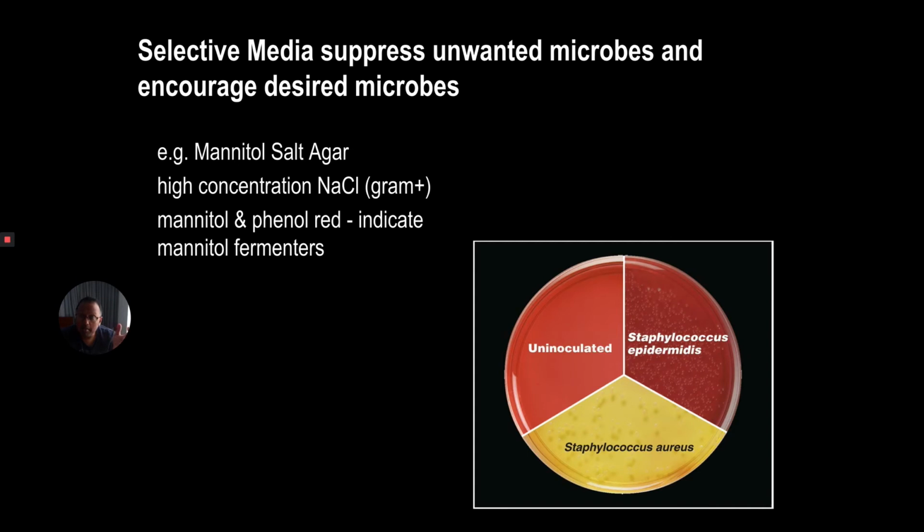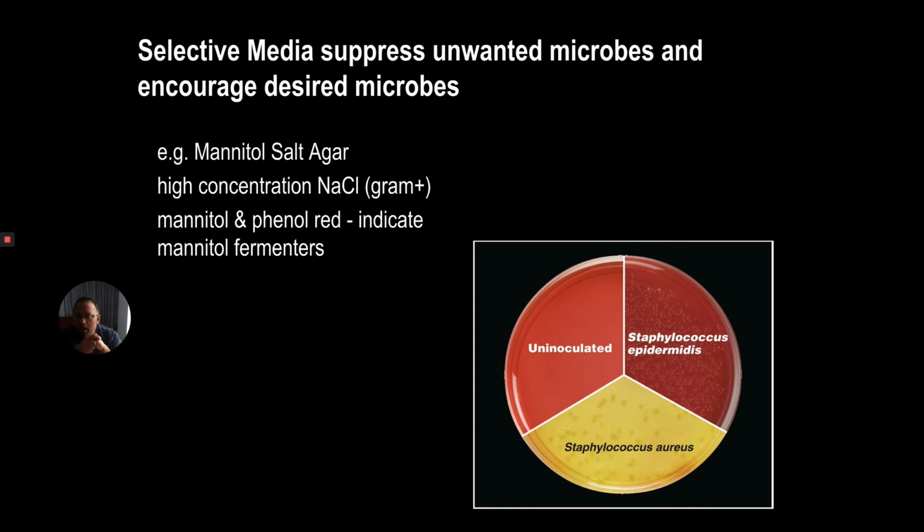So an example of this is MSA, or mannitol salt agar. So here we have a very high concentration of sodium chloride in the media, right? So the media therefore favors the growth of gram-positive organisms over, let's say, gram-negative organisms.